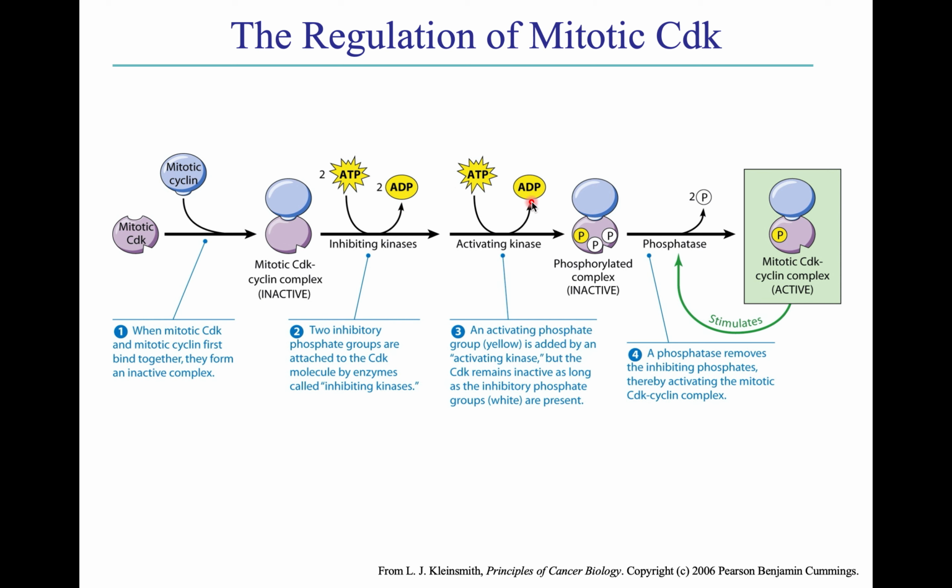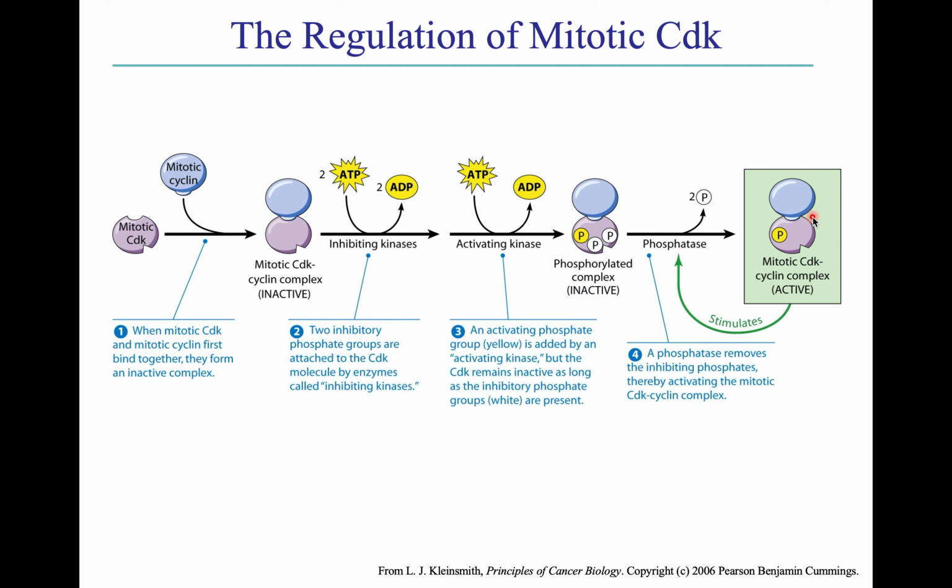Then an activating phosphate will be added. So you have one activating, two deactivating, and now for this complex to actually become active as a kinase, we have to have a phosphatase enzyme come in and remove the two inactivating phosphates. So once those are gone, now you have an active cyclin CDK complex that can actually start adding phosphates to other molecules.